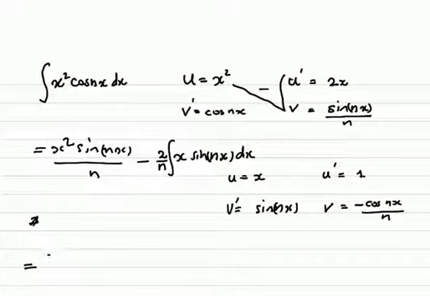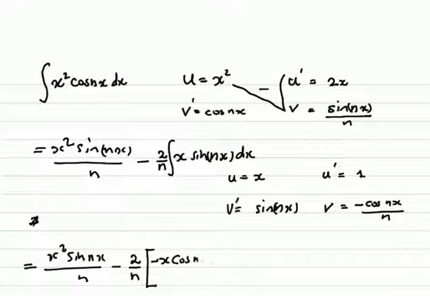Then we can now copy this as x squared sine nx over n minus 2 over n. Let's have a big square bracket. Now we've got this and that, and the integral sign is going to give us minus x cosine nx all over n, and then these 2 will go under the integral sign with a minus, and then minus and minus will make us a plus.